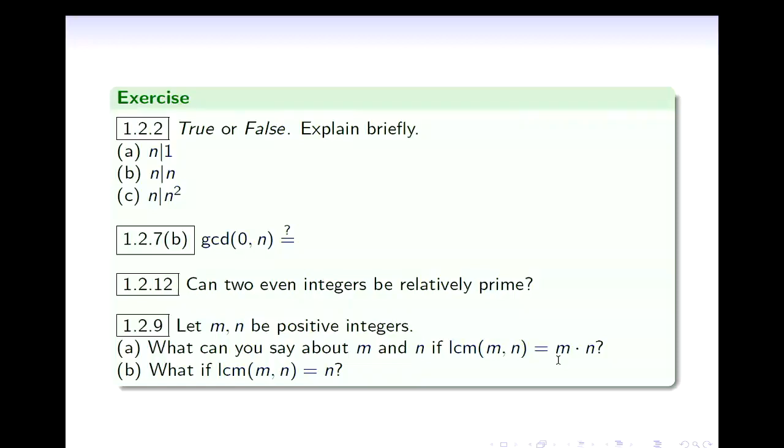Very good. That is because we have said that the least common multiple of m and n times the greatest common divisor of m and n equals m times n. So if the least common multiple itself happens to be m times n, then the greatest common divisor has to be 1, because then we have 1 times the least common multiple is m times n.